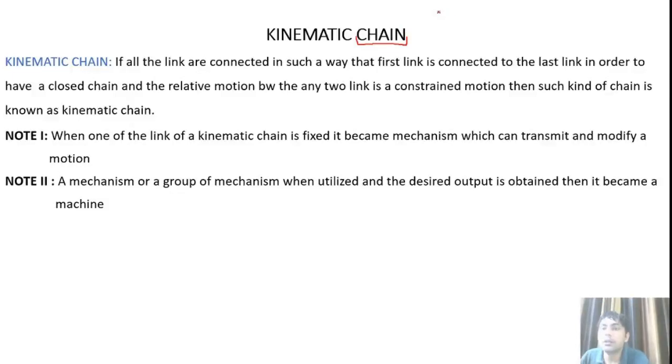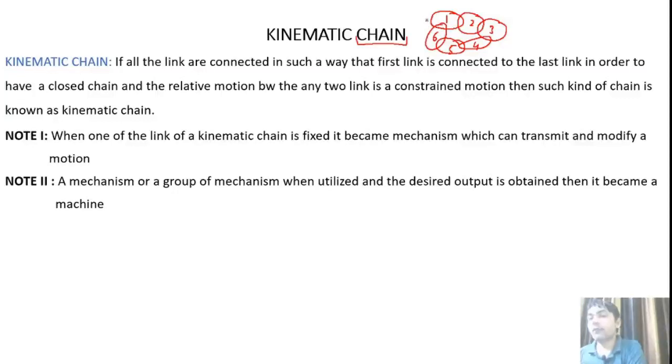You see, a simple chain which you wear, it is like that, is it not? It is like this. Suppose 1st, 2nd, 3rd link, 4th link, 5th link and 6th link.